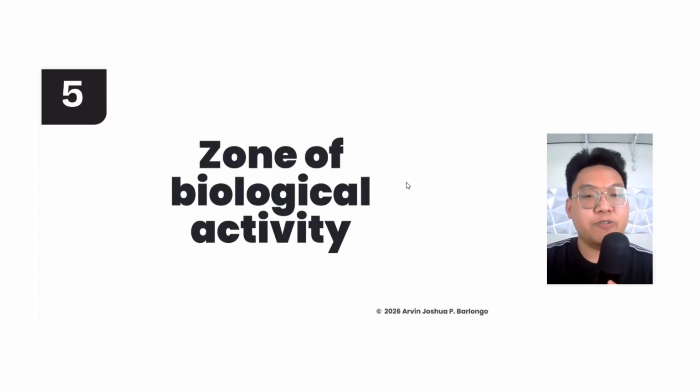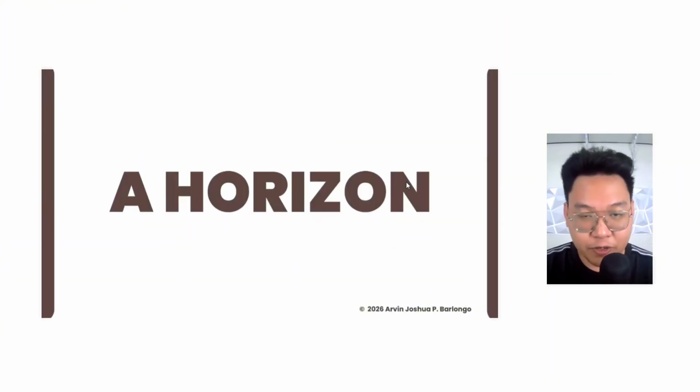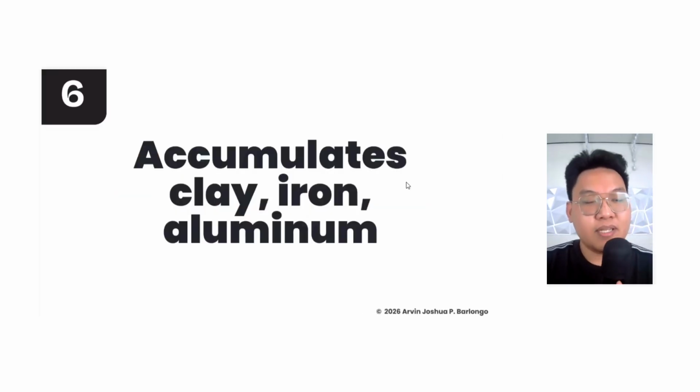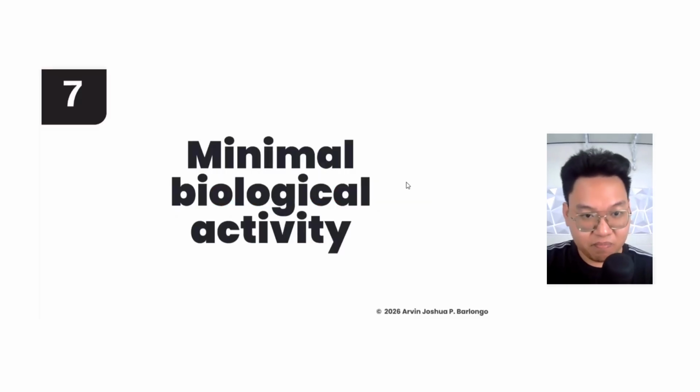Next, number 5, zone of biological activity. The answer here is A horizon. Number 6, accumulates clay, iron, aluminum. The answer here is B horizon.